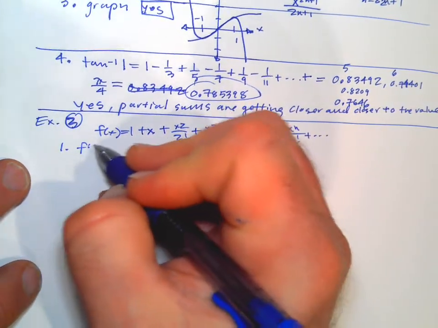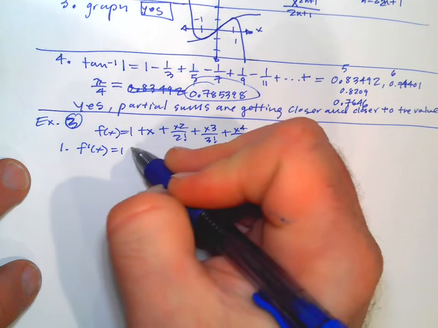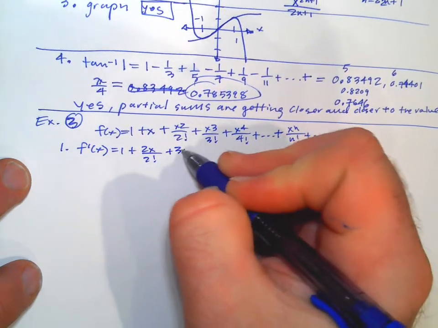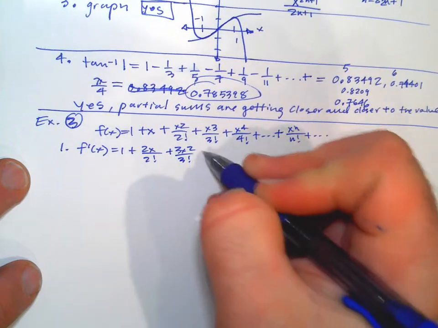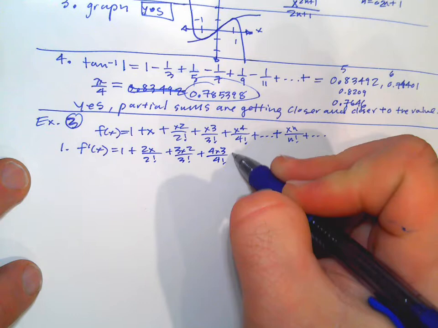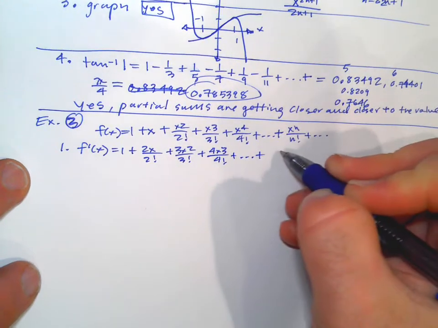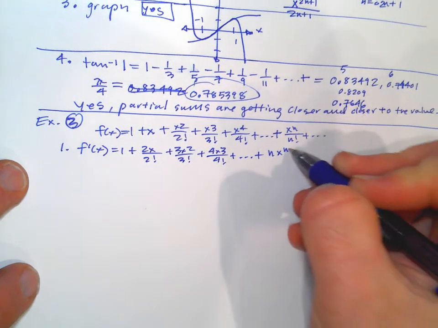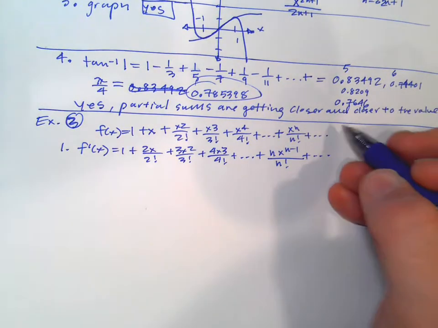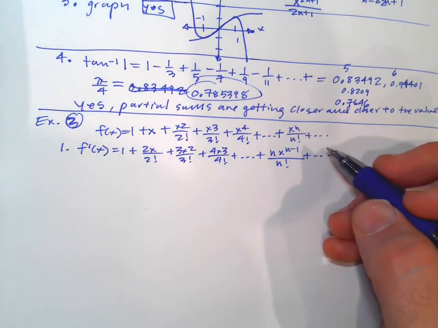Okay, well, f prime of x equals 1 plus 2x over 2 factorial plus 3x squared over 3 factorial plus 4x to the third over 4 factorial plus dot dot dot plus n x to the n minus 1 over n factorial plus dot dot dot. And then we could simplify it.